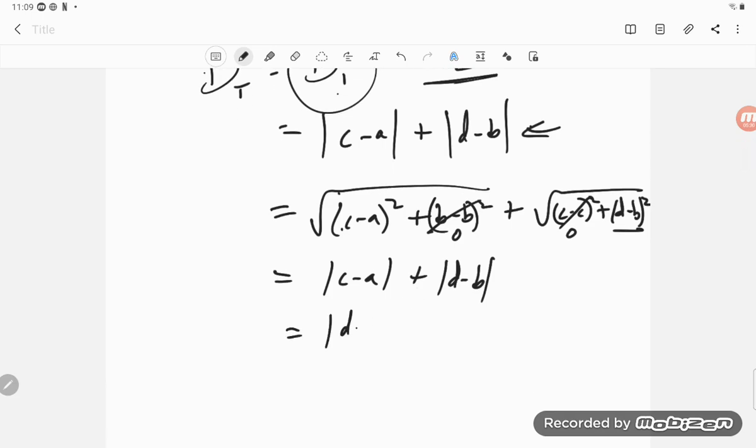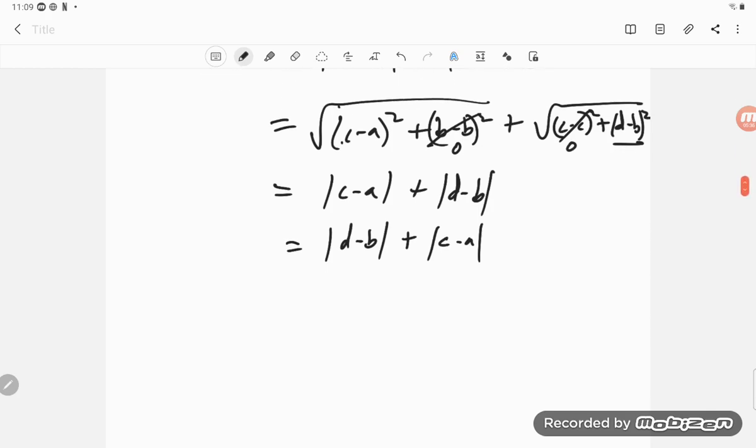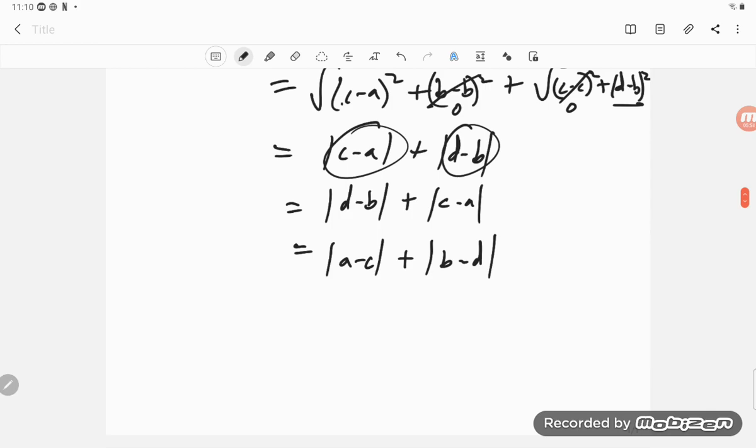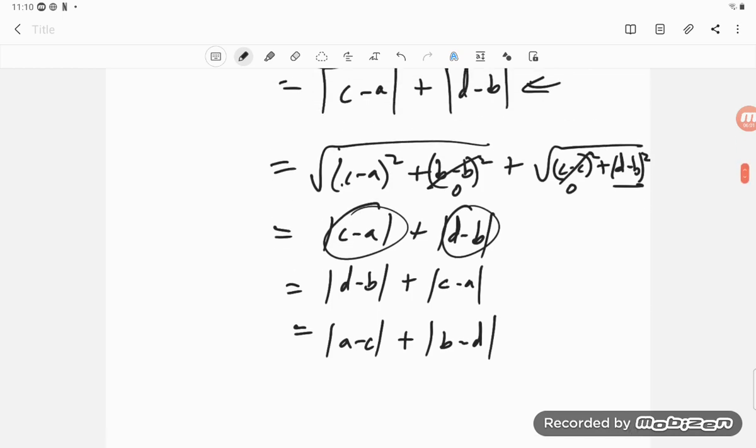All right, I could do D minus B absolute value plus C minus A absolute value, so that would be fine. And, for that matter, I can switch the order inside there and say that's A minus C absolute value plus B minus D absolute value. I get the same answer every single time. So we get that, and we want to keep that order the same.